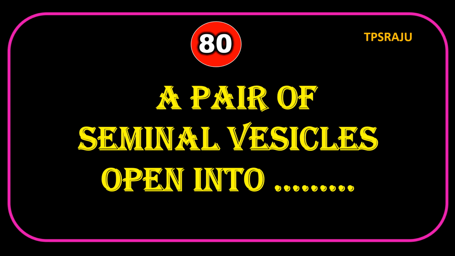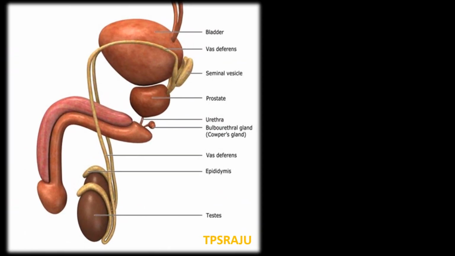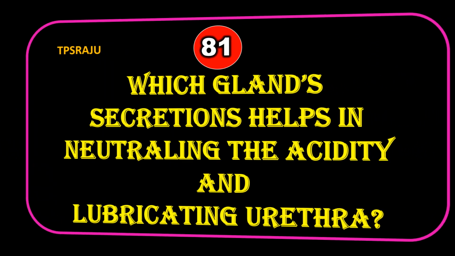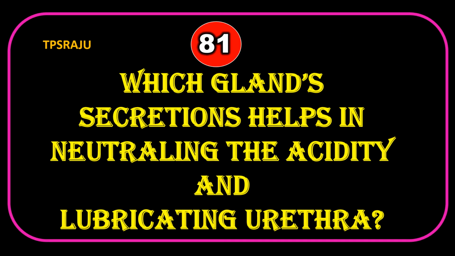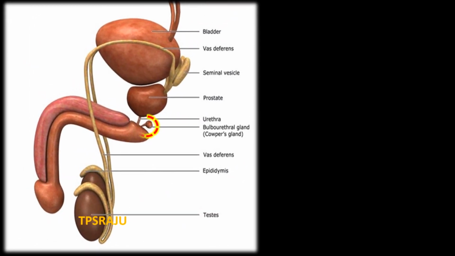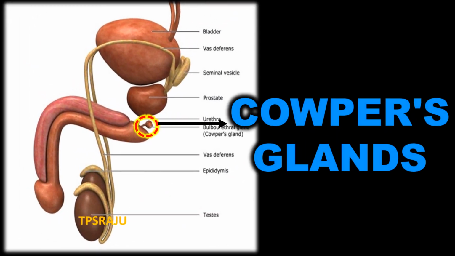A pair of seminal vesicles open into vasa deferentia. Which gland's secretions help in neutralizing the acidity and lubricating urethra? Cowper's glands.